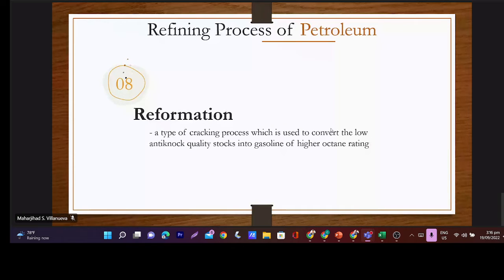Pag lower octane gas po, nagpe-pre-ignite siya before hitting the spark plug. Therefore, it produces smaller compression ratio. Therefore, lower engine efficiency.